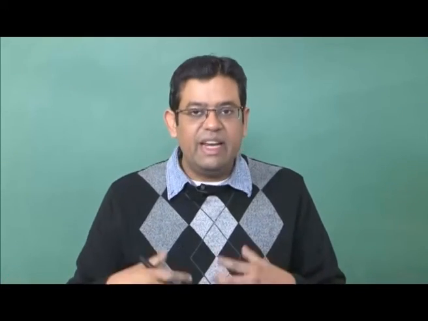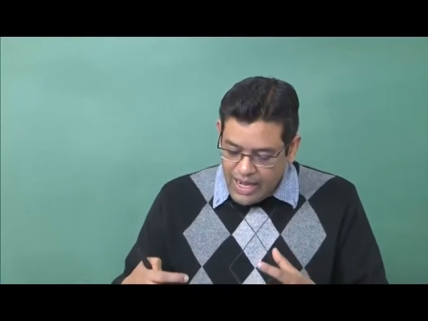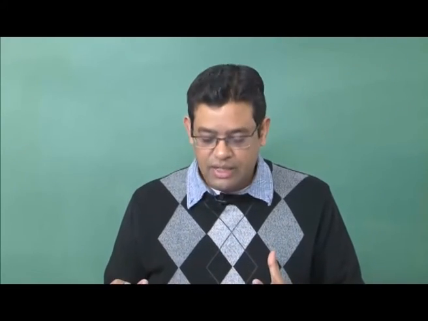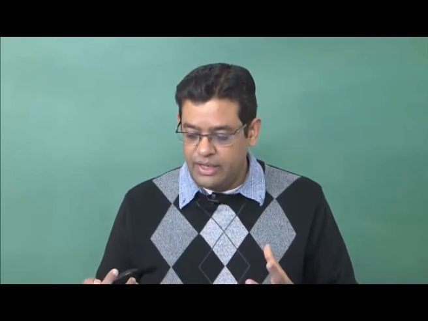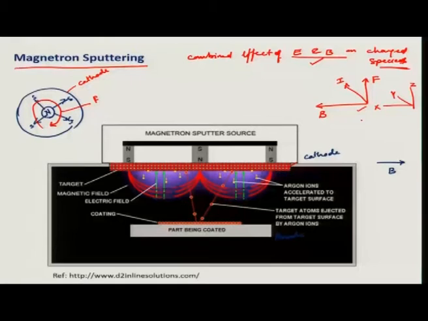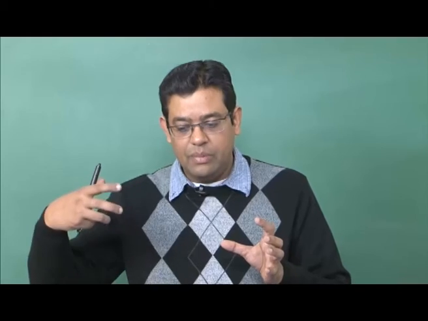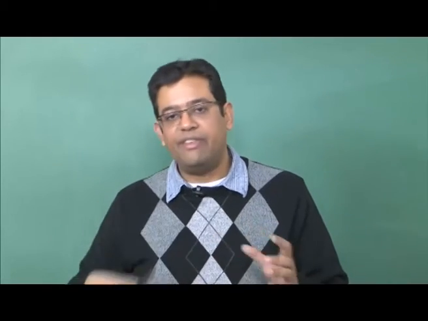This is a very highly efficient process of sputtering, and you can utilize this effect even further, which we will see in the next slides. This is called magnetron sputtering, because you are also using a magnetic field to confine electrons.